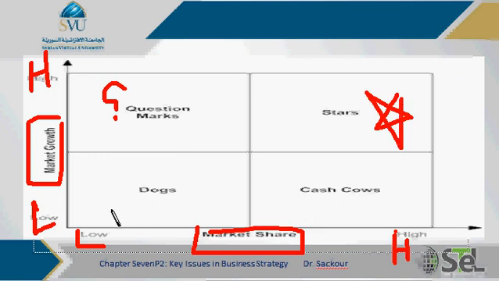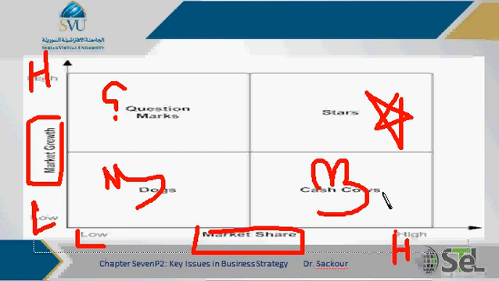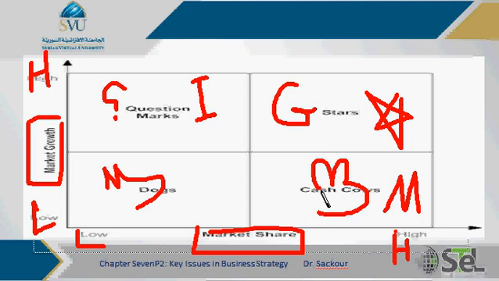Low with low is the dogs area, decline, and this one with cash cow is a very good situation, and this is the maturity. This is introduction, this is growth, this is maturity, and this is the decline stage.